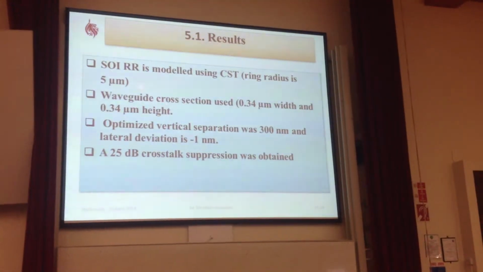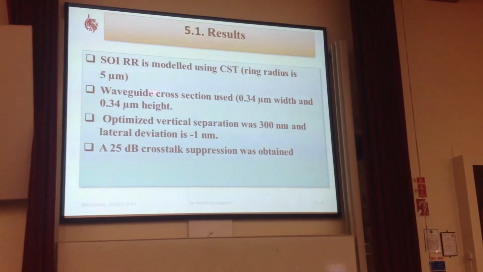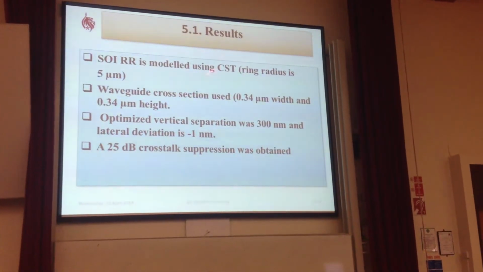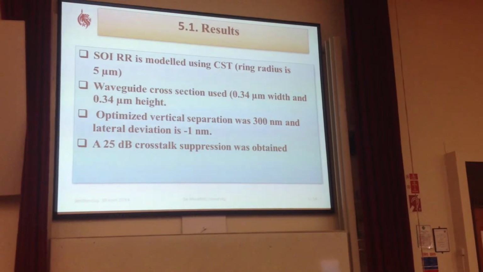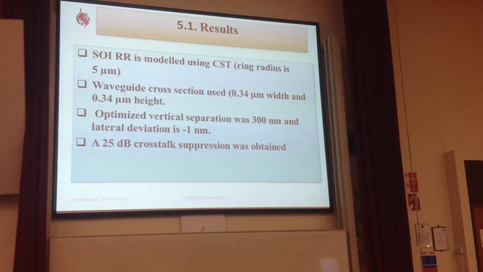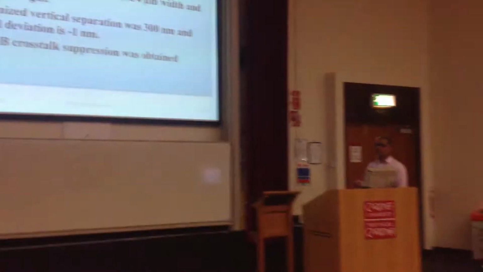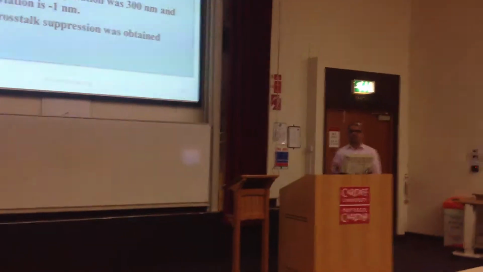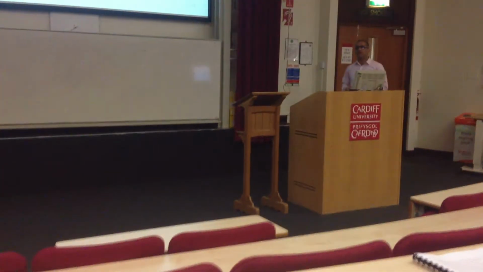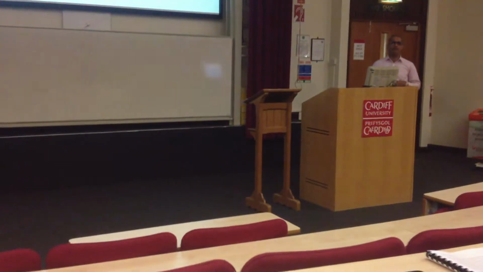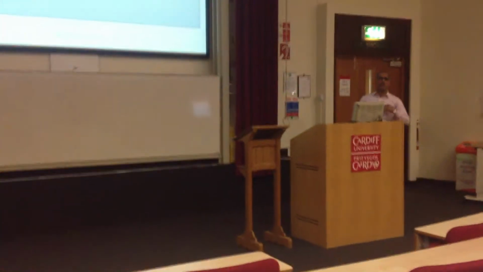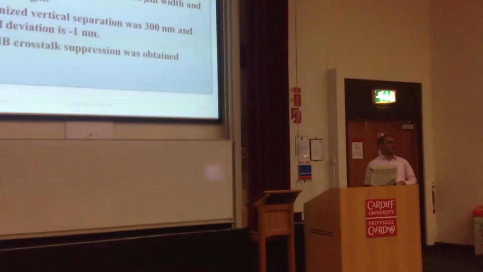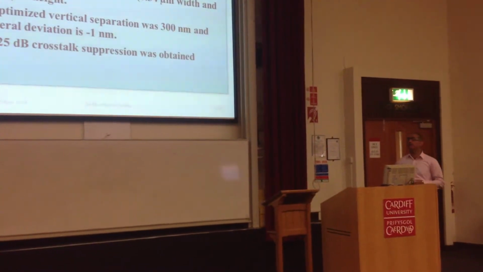Okay, so using CST, we modeled a silicon-on-insulator ring resonator. The ring radius was taken as 5 micrometers. The bus waveguides are made of silicon with refractive index 3.47, buried in a silicon dioxide substrate with refractive index 1.4.